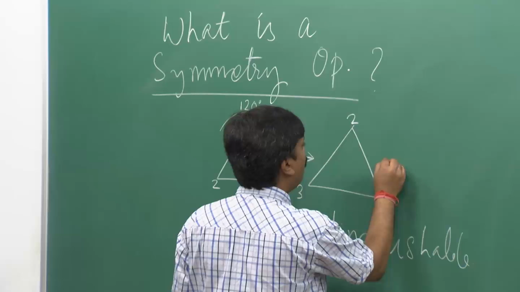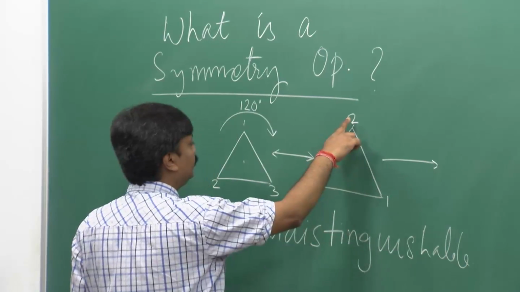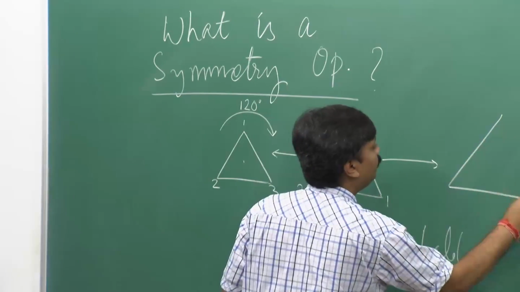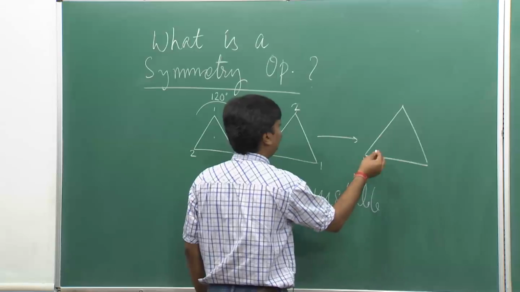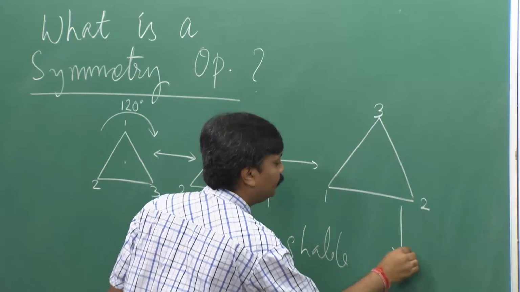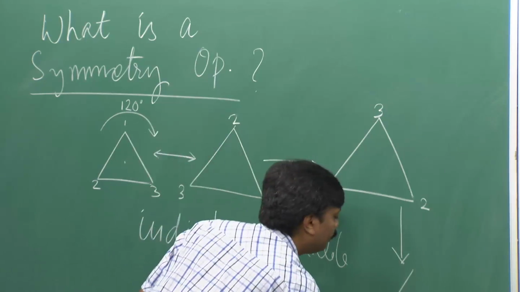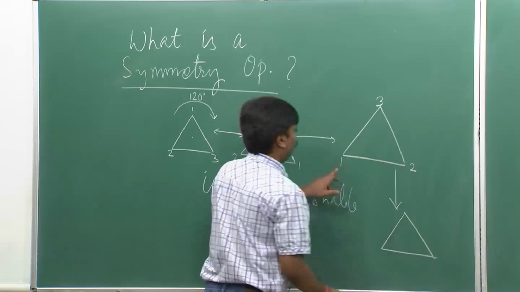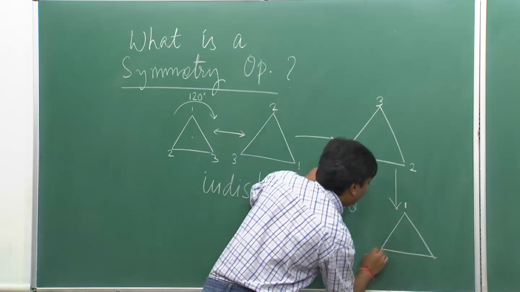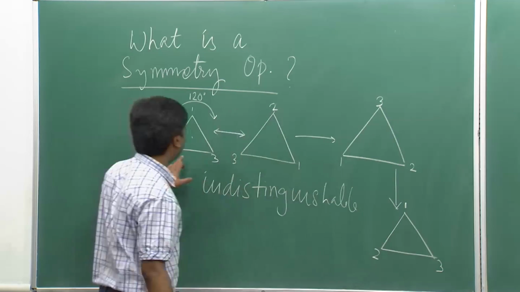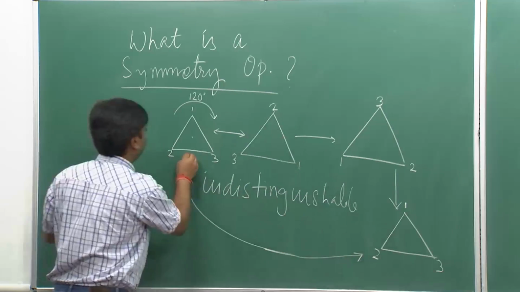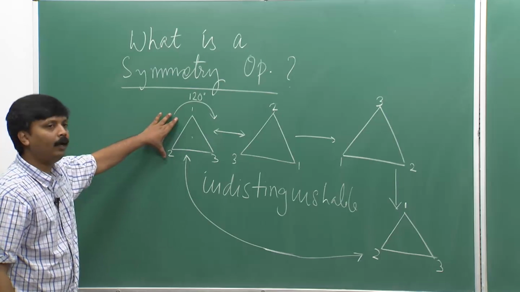Now if I give one more such rotation, 2 will come here, 1 will go here, 3 will go here. Another such rotation will give me a structure where 1 is going here, 2 comes here, 3 is here. Now look at this and this: they are identical.